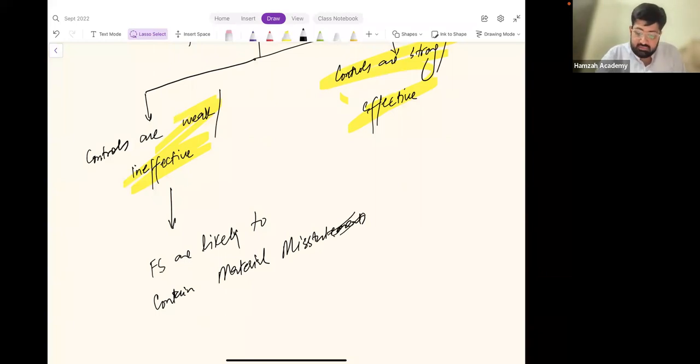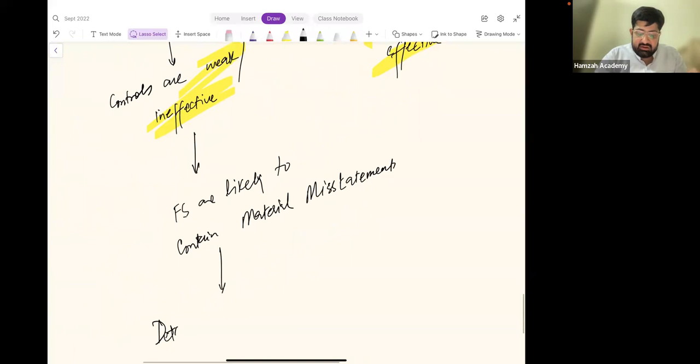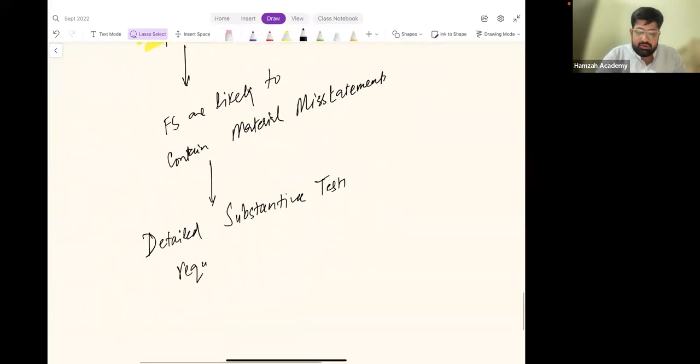Now, students, it means detailed substantive tests are required on financial statements.